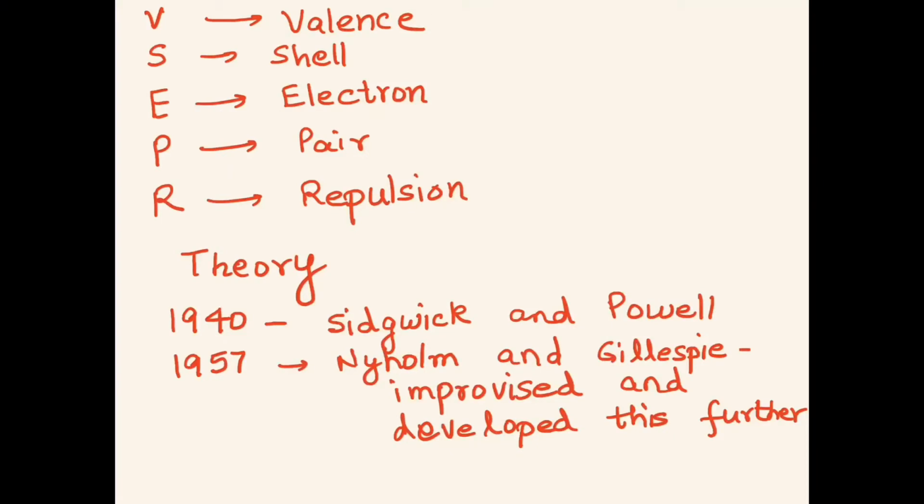VSEPR theory, when elaborated, stands for valence shell electron pair repulsion theory, which was given by Sidgwick and Powell in 1940 but was later improvised and developed further in 1957 by Nyholm and Gillespie. Okay, that's quite a lot of history. So let me cut short and make it very simple for you to understand this theory.